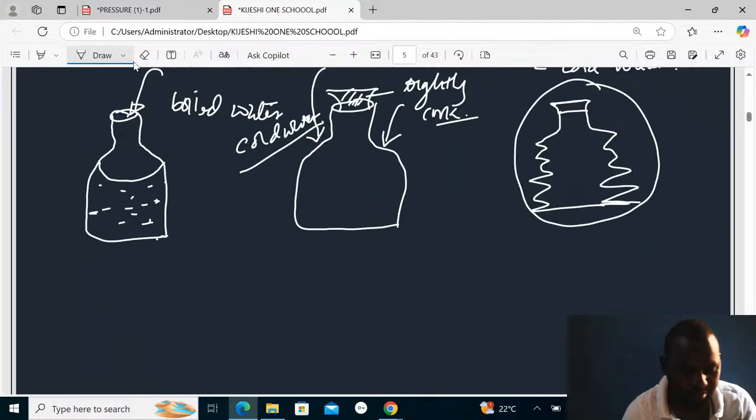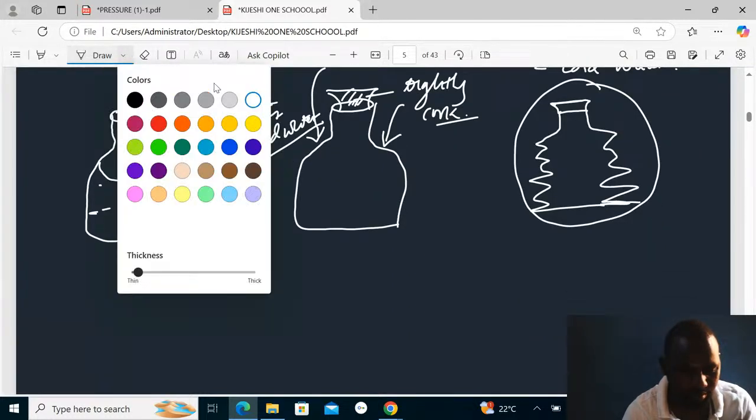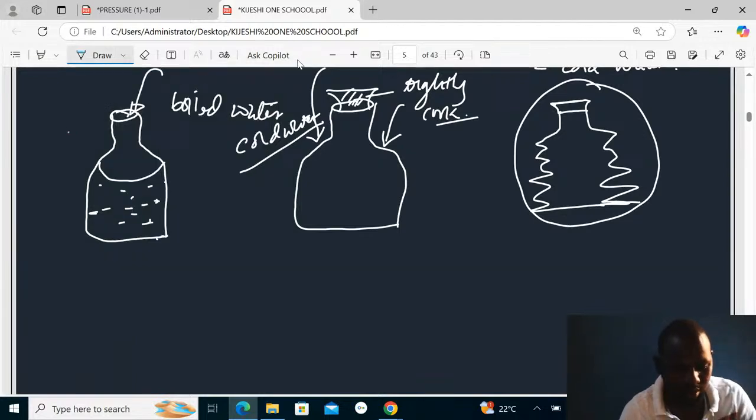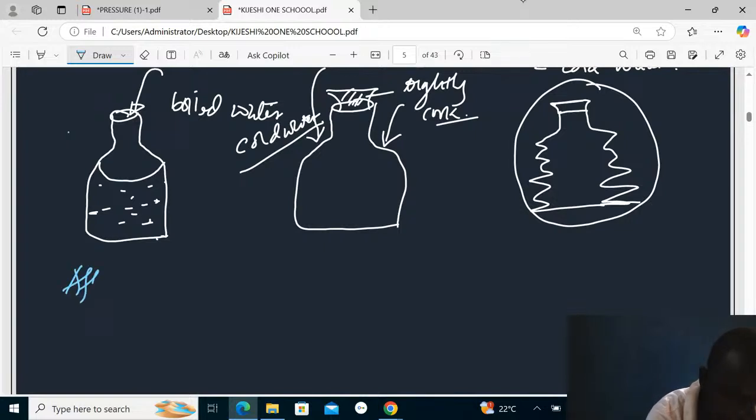Therefore, the purpose of pouring the cold water, so you can say after cooking tightly, pour cold water.